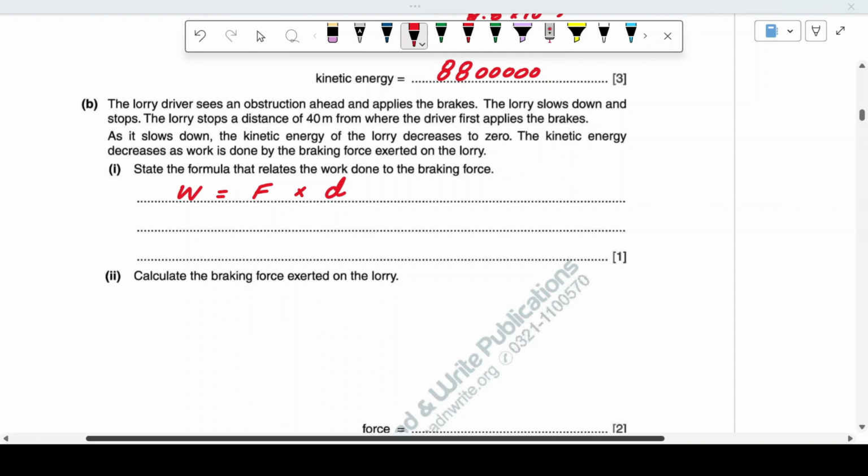The braking force times the distance in the direction of the force. So the distance is given by what expression? Is there any expression given for the distance? No. So we'll just write it as it is. Calculate the braking force exerted by the lorry.